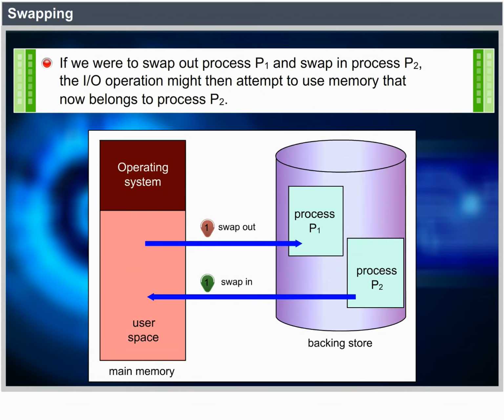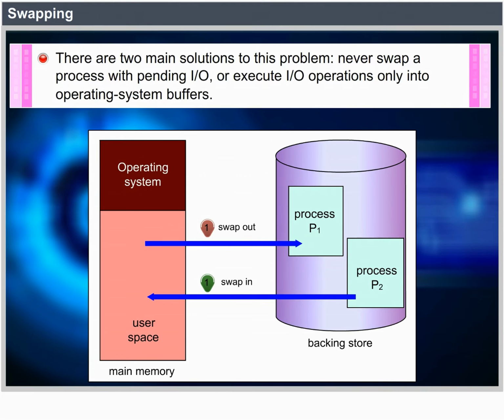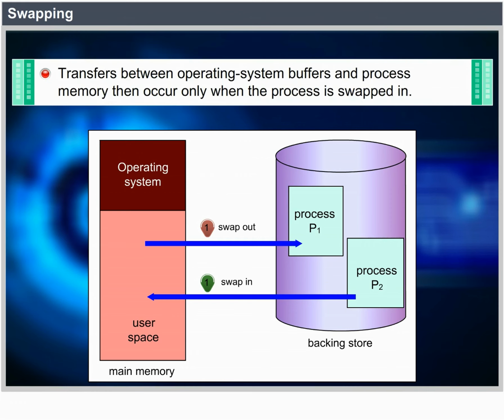There are two main solutions to this problem. Never swap a process with pending input-output, or execute input-output operations only into operating system buffers. Transfers between operating system buffers and process memory then occur only when the process is swapped in.